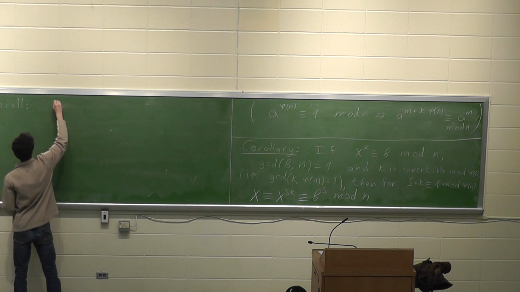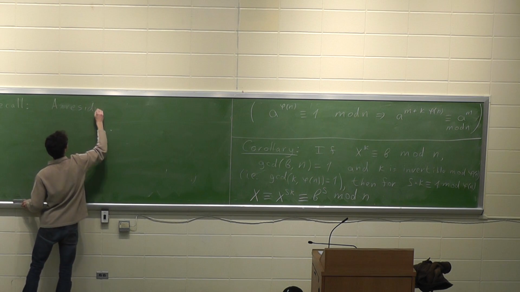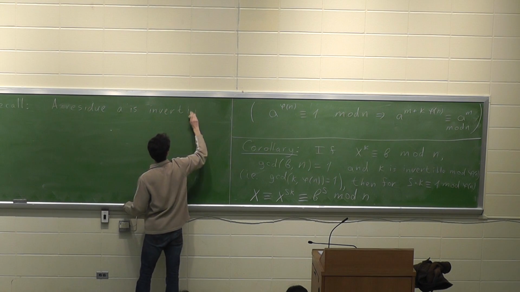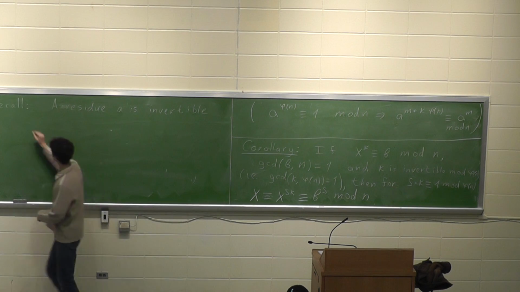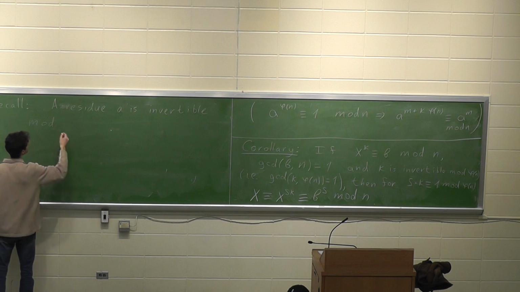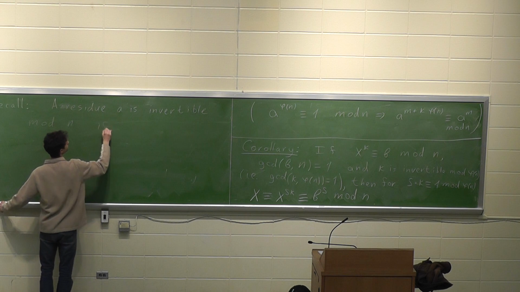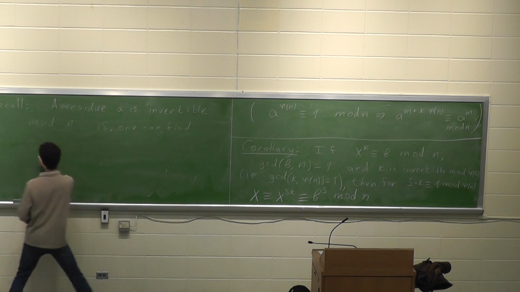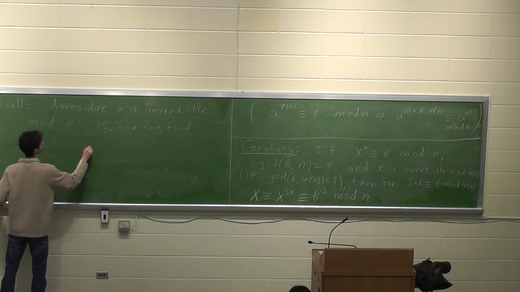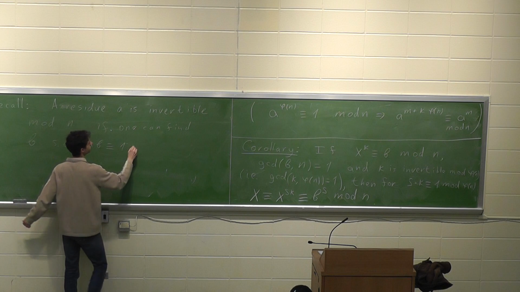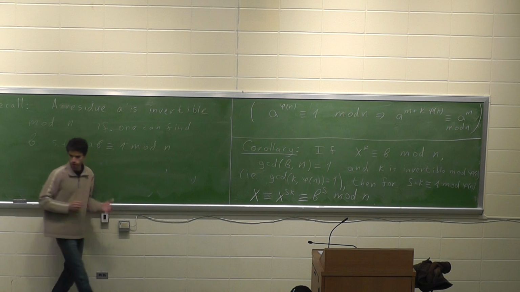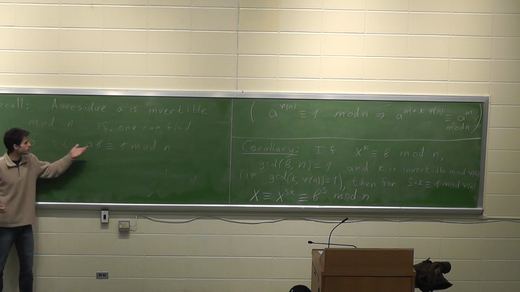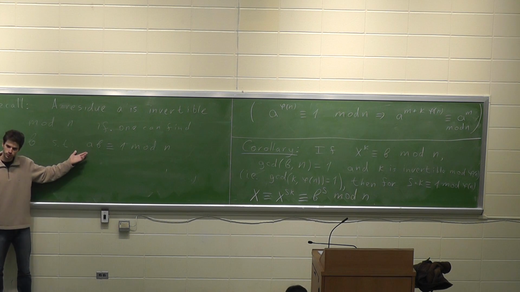A residue a is invertible for some number n if you can find b such that a times b is equal to 1 modulo n. So that's what it means to be invertible. Just the usual definition: there exists some other residue such that once you multiply by it, you get 1.